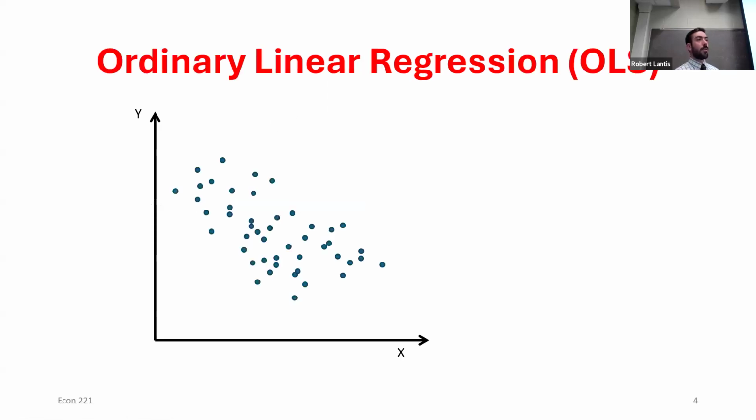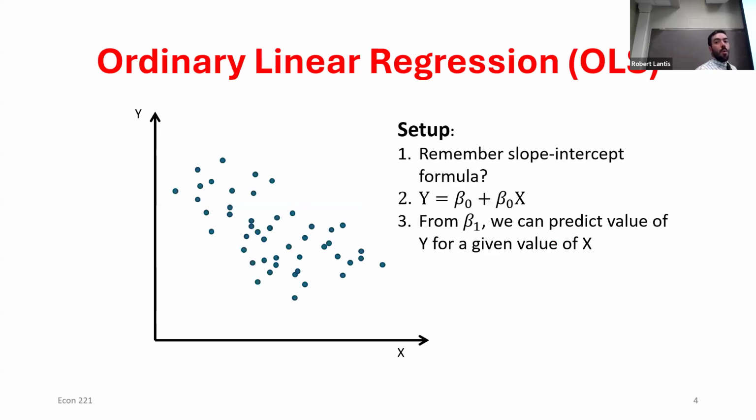If I'm thinking about ordinary linear regression, we usually call that OLS. We look at the data. Let's say I had this data set, some x and y values. I then plot every single observation. If I were going to draw a line that best fit this data, I would draw something like this.